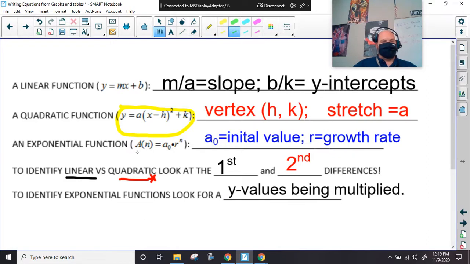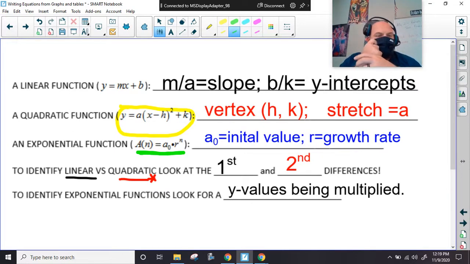Our exponential looks a little different. And we'll go through how to find all these and look at them for graphs and things like that.